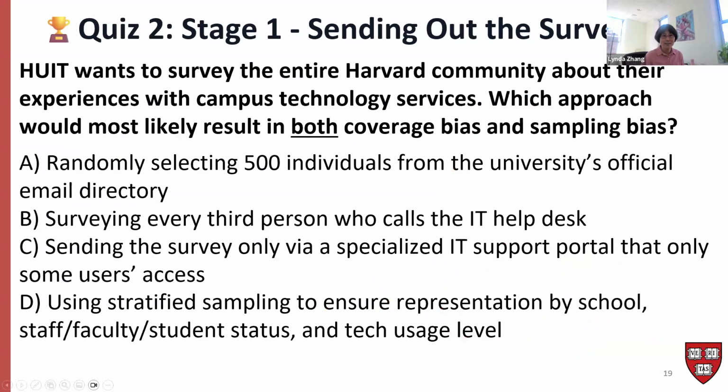Any other questions? If not, we're going to have the second quiz. During this first stage, HUIT wants to survey the entire Harvard community about their experience with campus technology services. Which approach would most likely result in both coverage bias and sampling bias? I'll give you a minute.